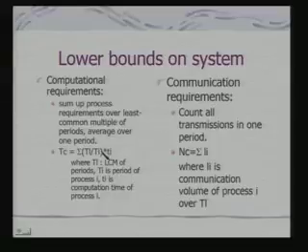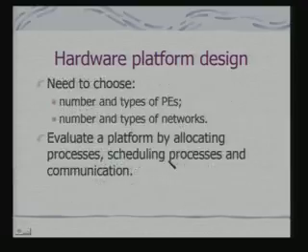If I sum it up, that gives me the lower bound of the computational requirement. And a lower bound of the communication requirement comes from the summation of Li, because Li is the communication volume of process i, over TL, the LCM of the periods. So, that gives me the lower bound on the communication time. So, all analysis and design has to be based on these two parameters.